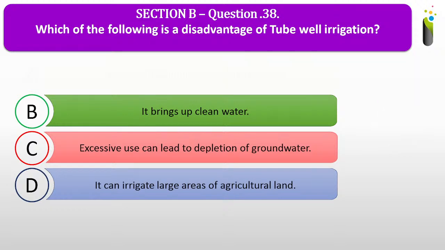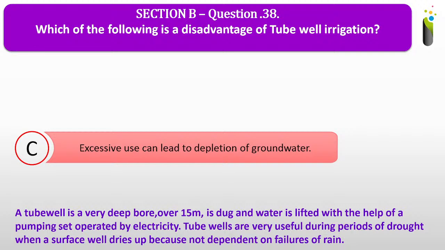And the correct answer for this question is C. Very good, smart girl, Kalpana Mishra, Arushi Shah, UP Point, Kavya, Anya Tripathi. Very good. Remember, a tube well is a very deep bore over 15 meters.